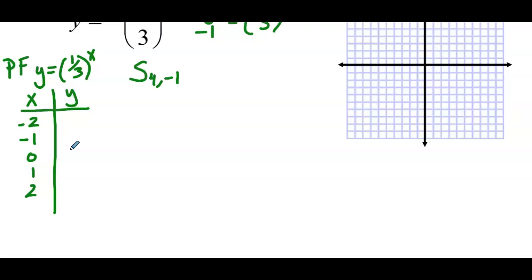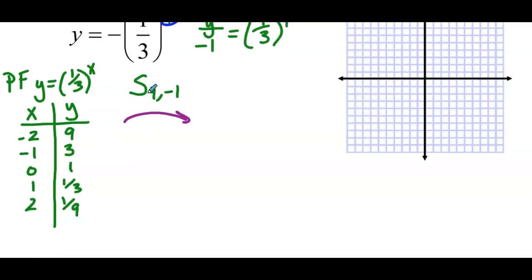So 1/3 to the 0 is 1, 1/3 to the first is 1/3, 1/3 to the second is 1/9, 1/3 to the negative first is 3, 1/3 to the negative second is 9. Okay, so we are going to scale everything by a factor of 4, -1 to create our new set of points. So multiply every x by 4, y by -1.